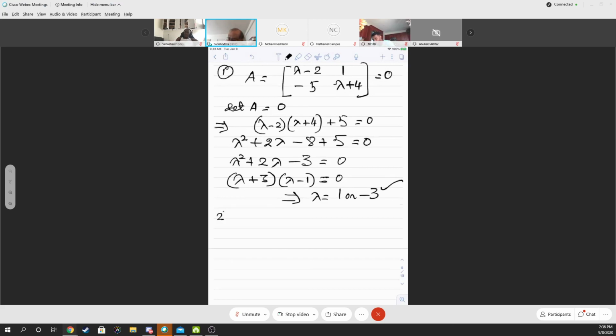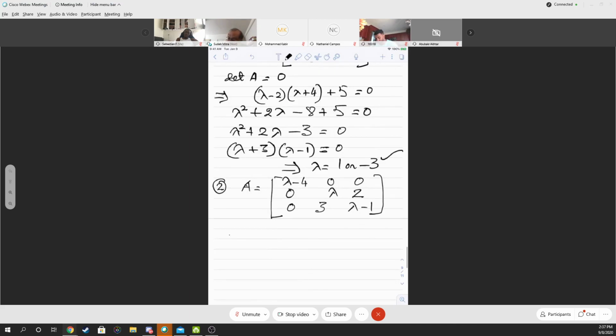Number 2. Determinant of A is 0. So lambda minus 4 times lambda minus 1 minus 6 is 0.